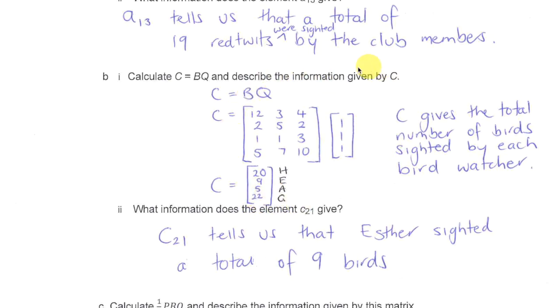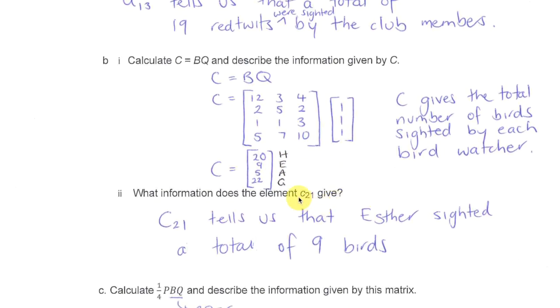So when we set it up this way, with the information matrix post-multiplied by a summing column, that will add up each of the rows. So this 22 represents the total sightings that person G has made. Each of these rows is added.